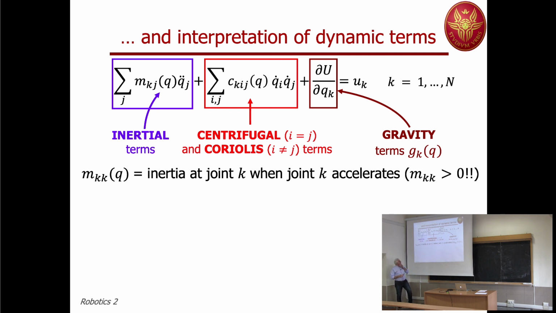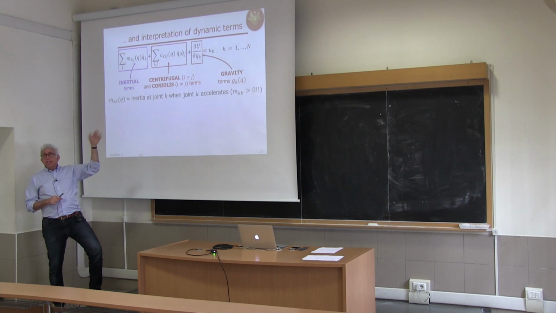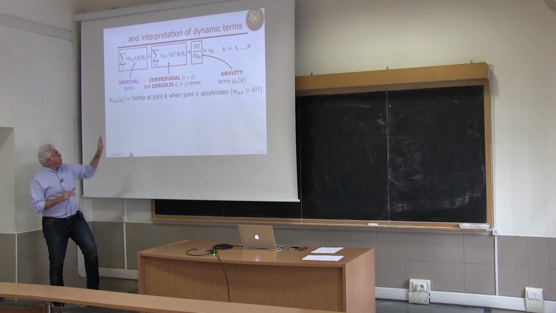So suppose that you're working on the horizontal plane, so the potential energy is constant and the gradient is 0, and you're starting at rest, so all velocities are 0, so all the blocks in red are 0. So what remains is only the left-hand side, the inertial terms.